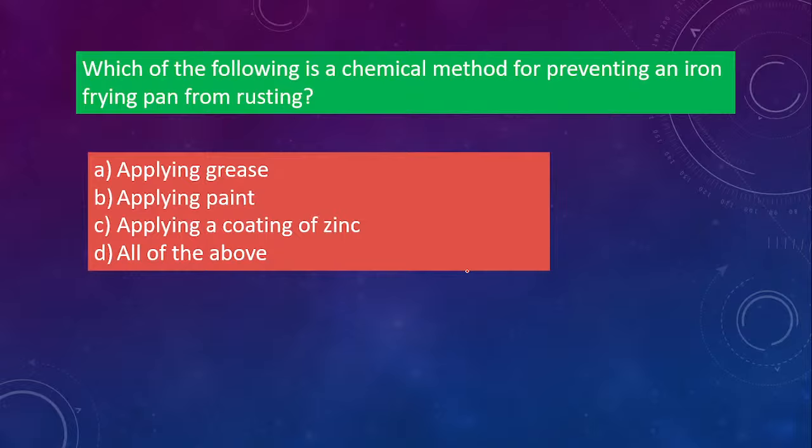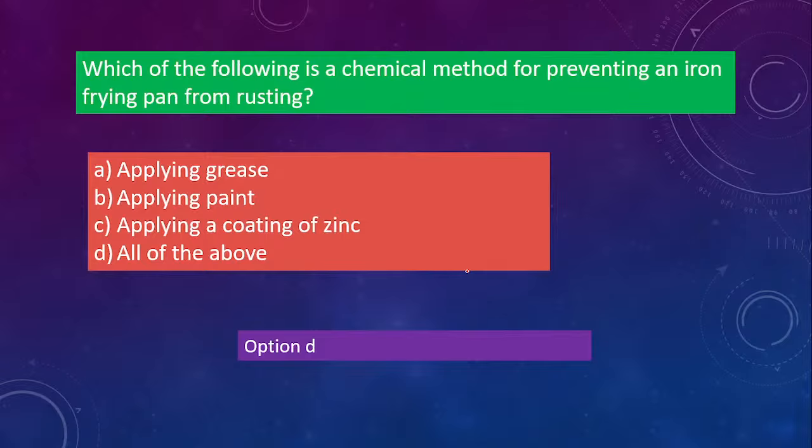So here the option will be D. Those who gave answer D, that's the correct one, all of the above. Rusting can be prevented by greasing, that is, you put some oily stuff. You can do it with paint too, or you apply a zinc coating on top of the iron. So all three options are correct, and that's why option D is the correct answer.